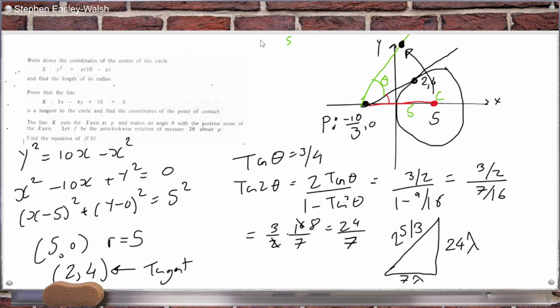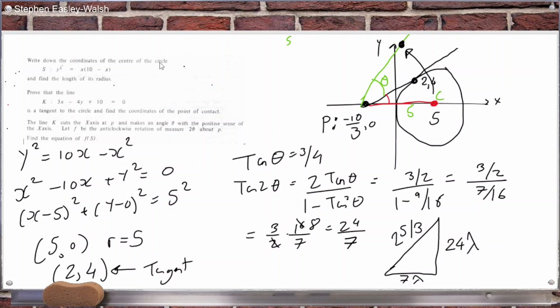See, I think there's a 7, 24, 25 triangle. I think. Let me have a quick Google here. 7, 24, 25 triangle. Let's have a peek. Yeah, that is a Pythagoras triangle.